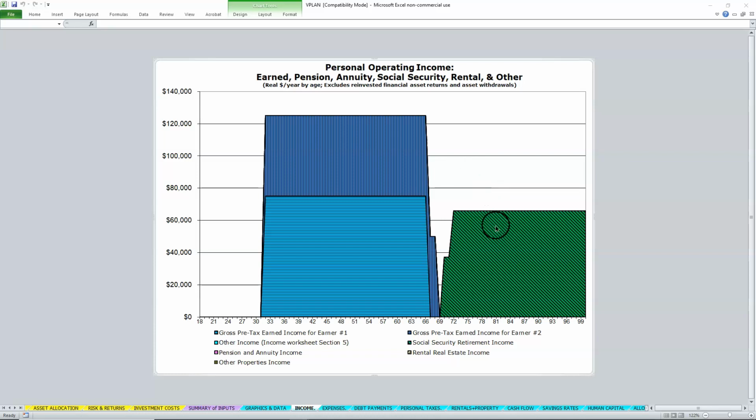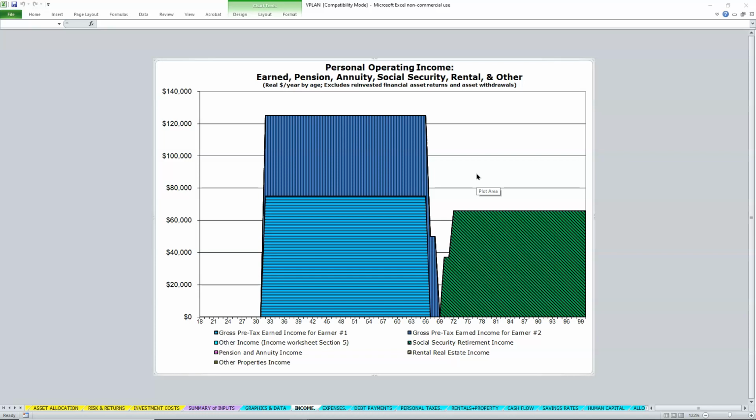Social Security retirement income is the green area with diagonal bars. Both earners accept Social Security at age 70 because they did not adjust the defaults. Through further analysis, either might decide to use a different initial age for Social Security.